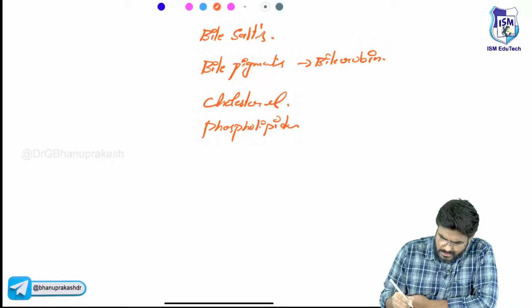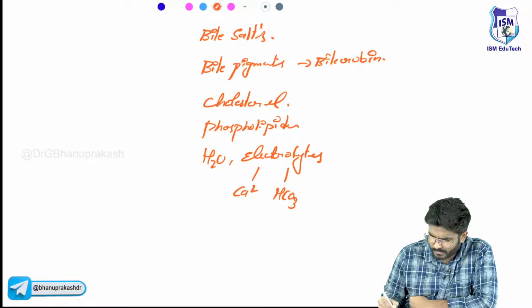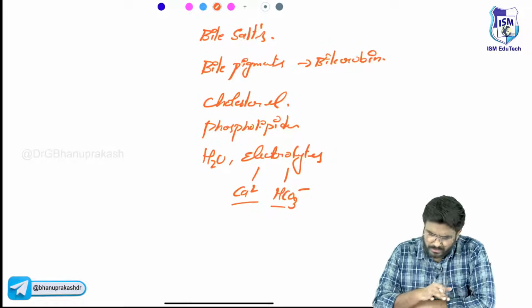So water is going to be there in the bile, and electrolytes like calcium, bicarbonate. Other things will be there, sodium can be there.